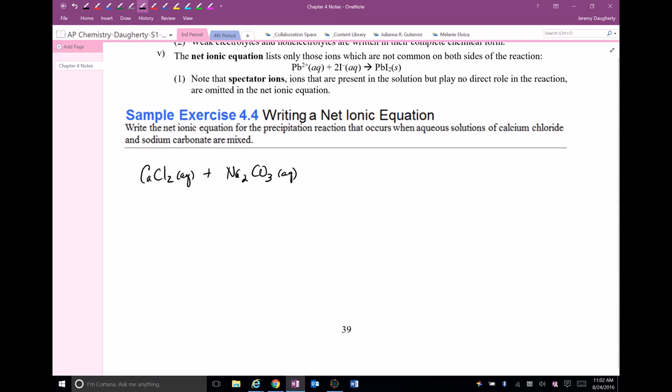Here's what I have. You need more time? You got it? Okay. So here's what I have for my reactants. Now go ahead and predict the products.